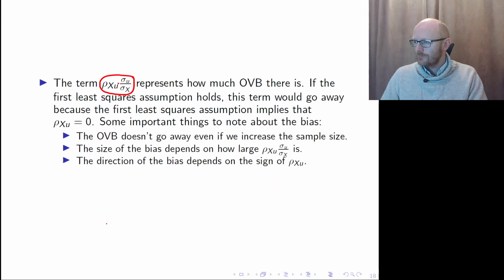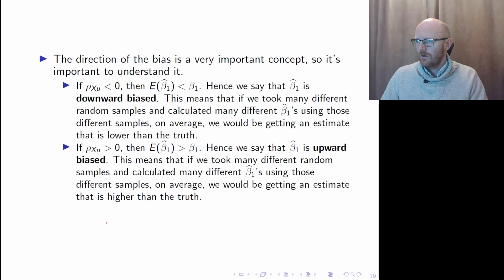Let's see. We were here. So the direction of the bias is quite important, because if the correlation between x1 and the residuals is negative, then the expectation of beta 1 hat is less than the population slope, right?